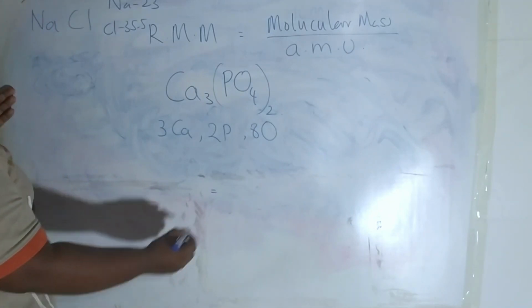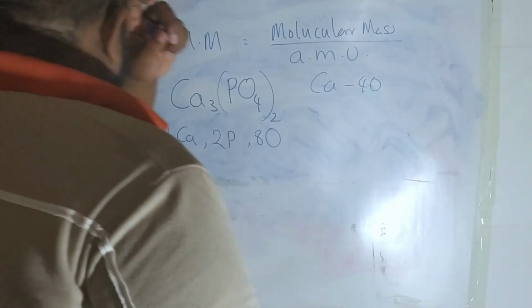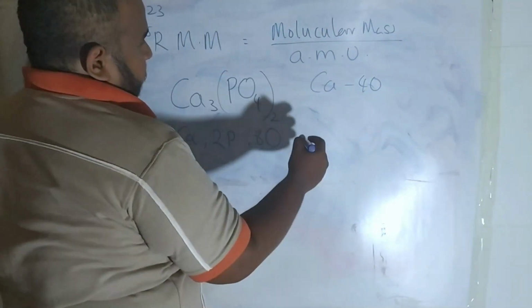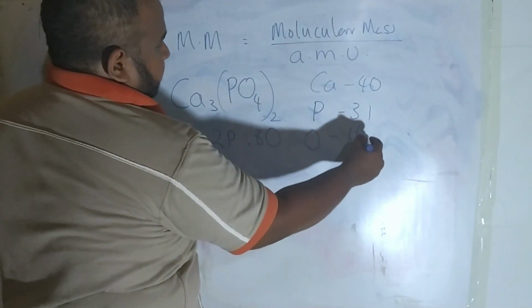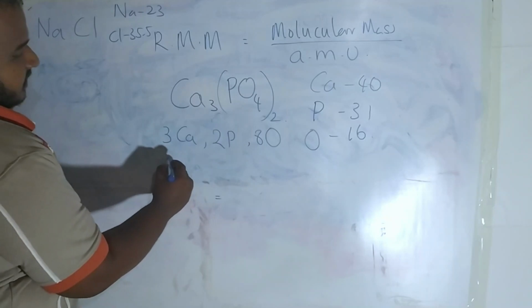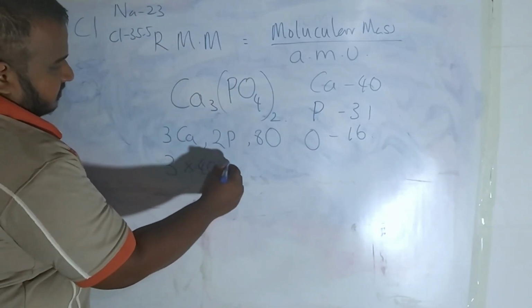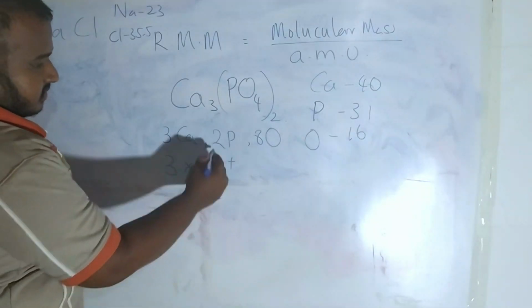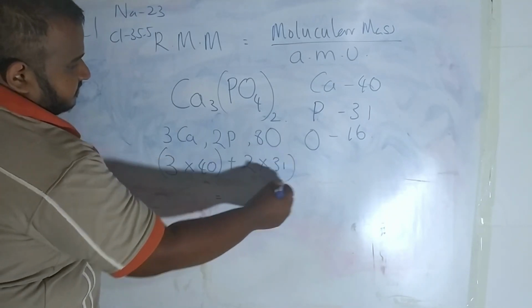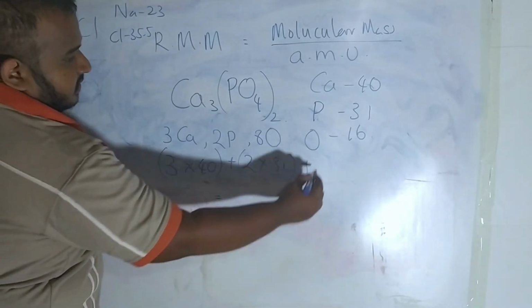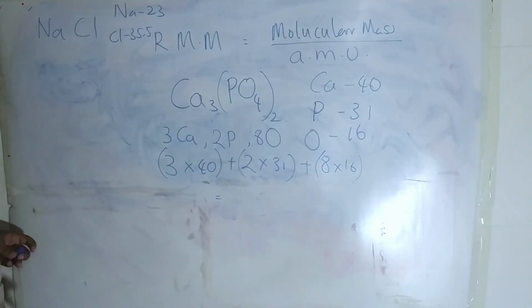Therefore, calcium is 40 and phosphorus is 31. Oxygen is 16. So therefore, 3 into 40 plus 2 into 31 plus 8 into 16. Correct?